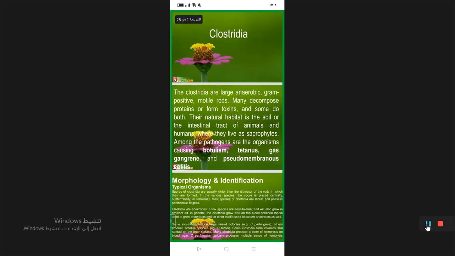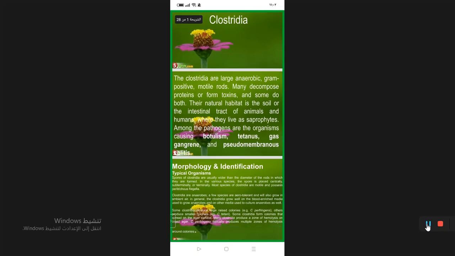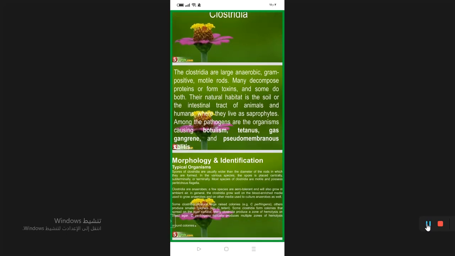Clostridia are large anaerobic gram-positive motile rods. Many decompose protein or form toxin, and some do both.